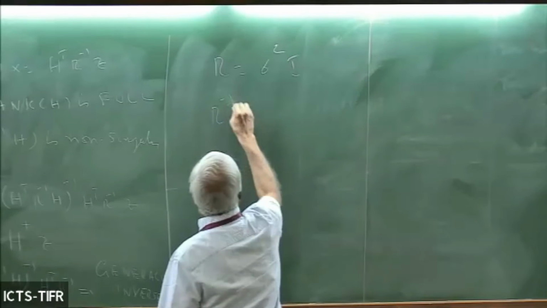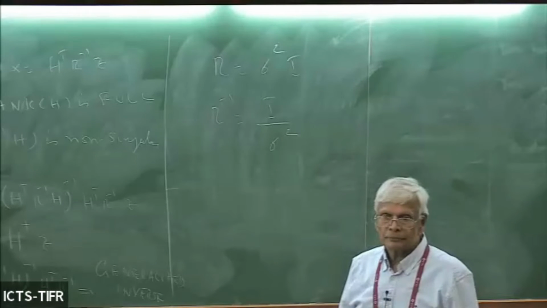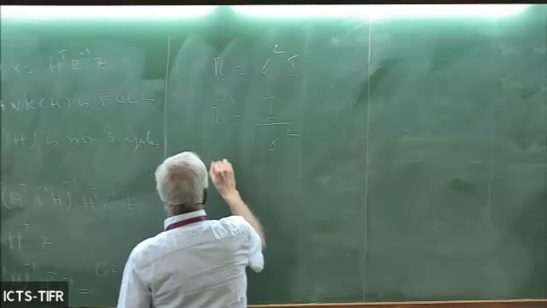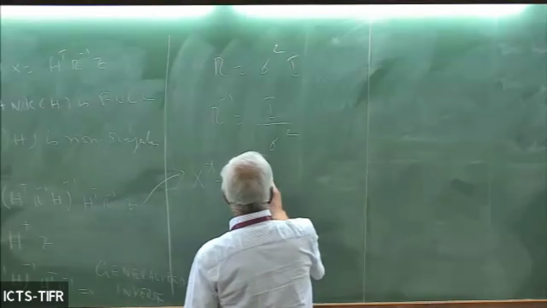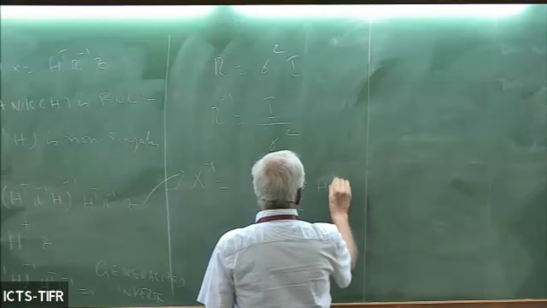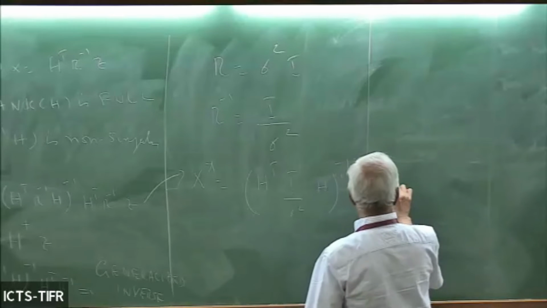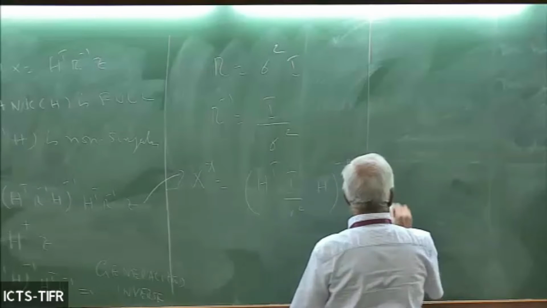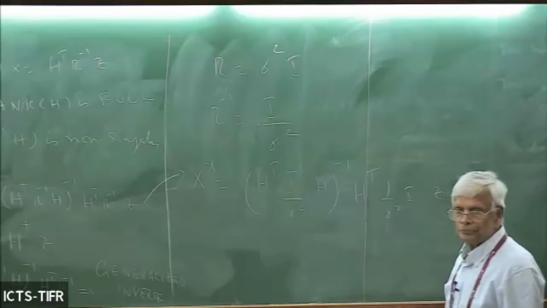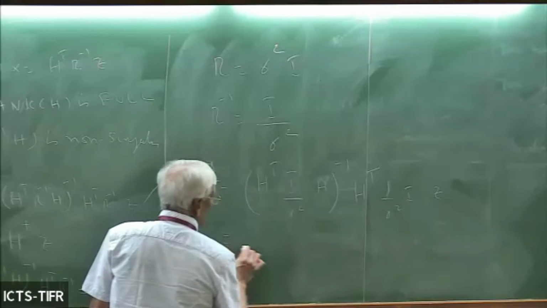In this case, R inverse is equal to I by sigma square. With me? So let us substitute this in here. So X star is equal to H transpose I by sigma square H inverse H transpose, this is 1 by sigma square I Z. Are you with me? Now, this I by sigma square, what is it that I can do?